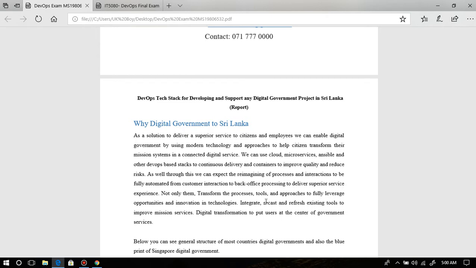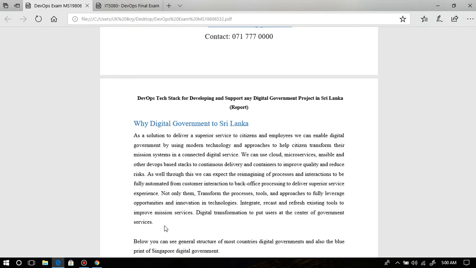We can also transform the processes, tools and approaches to fully leverage opportunities and innovations in technologies, integrate and recast systems and tools to improve mission services, and use digital transformation to put users at the center of government services. I'm not going to spell out everything, but I explained all this as an introduction.